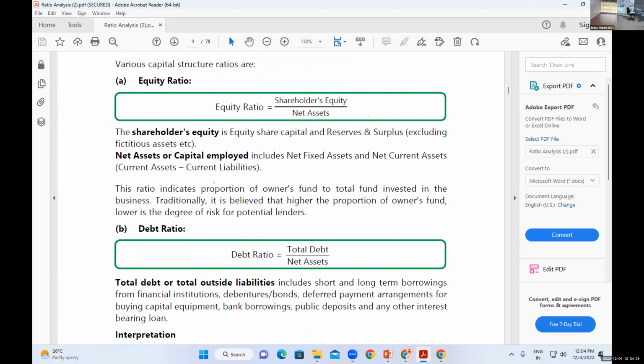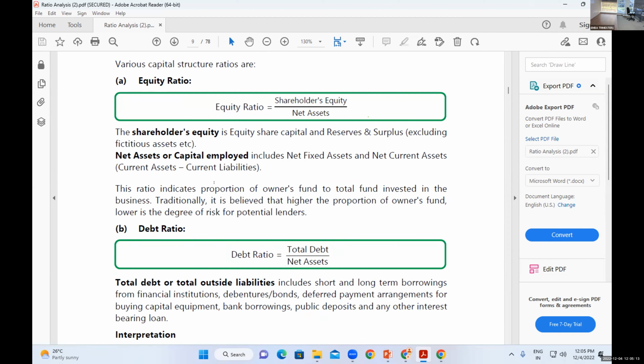Okay, first one: equity ratio. The equity ratio is the ratio between shareholders' equity and net assets. What is shareholders' equity? Total assets minus liabilities. Not only the capital invested. We invested capital of 1 lakh; now the 1 lakh might have grown to 1 crore, or might have gone down to 10,000.